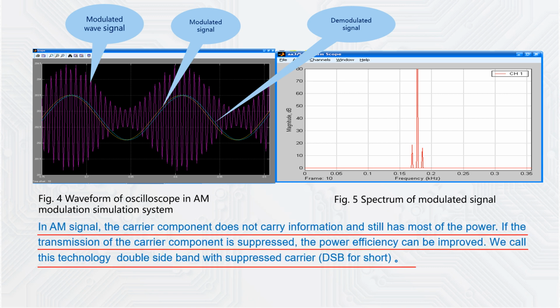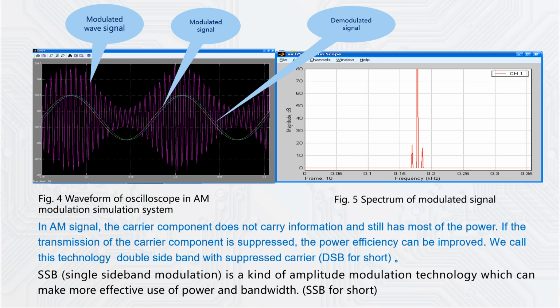In AM signal, the carrier component does not carry information, but it has most of power. If the transmission of carrier components is suppressed, power efficiency can be improved. Then we call this technique double sideband modulation that suppresses the carrier.